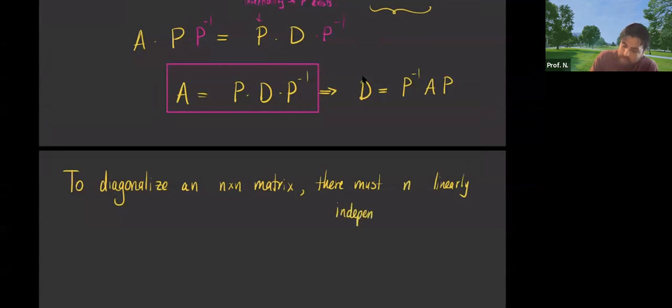Sorry, not n by n, there must be n linearly independent vectors.